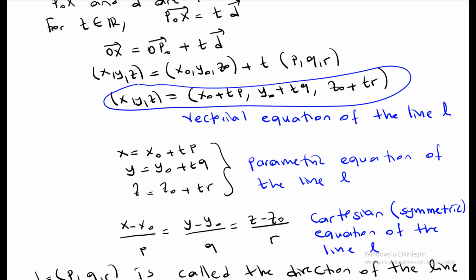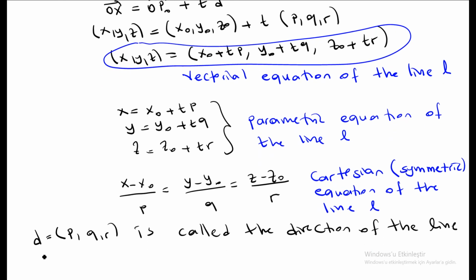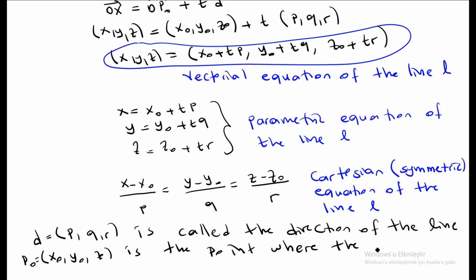X sub 0, y sub 0, z sub 0, this is P sub 0, is the point where the line passes.